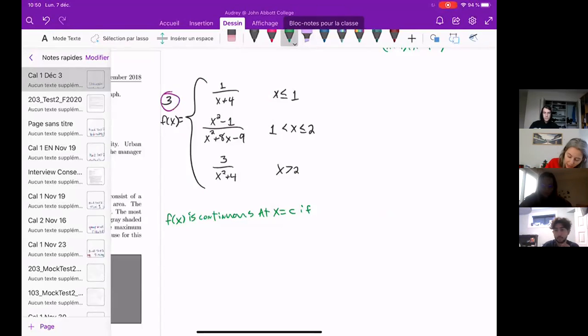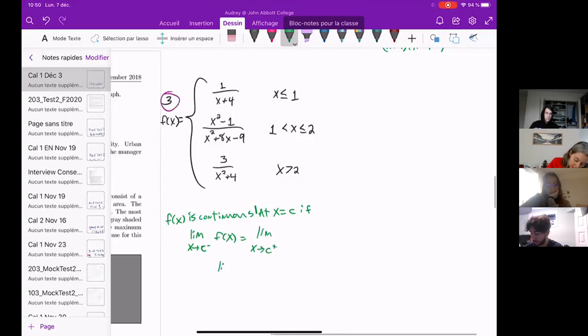Yes, there we go. So we're saying if the left-handed limit, so c from the left of my function, is equal to the right-handed limit, so in other words, the limit exists, and it has to equal the function itself evaluated there.